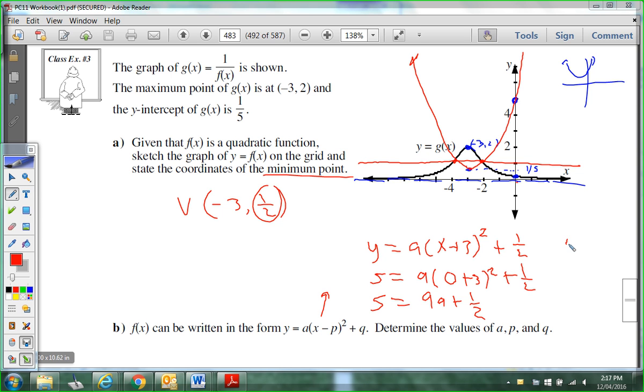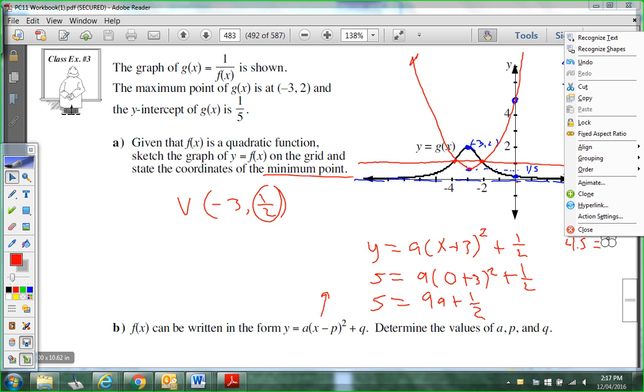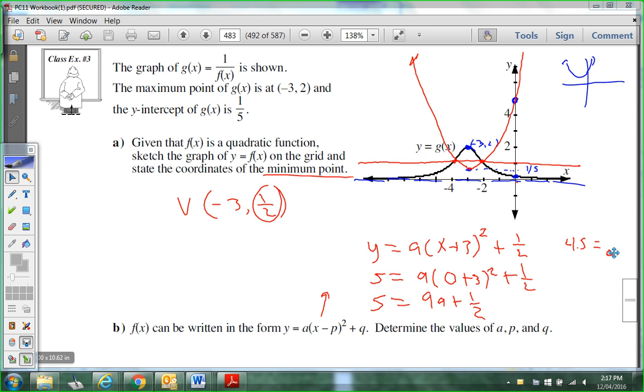So 5 minus 1/2 is 4.5, or you can write 9/2 if you want, equals 9a. My a's and 9 look too close, don't they? 9a, and we're going to divide by 9, and 4.5 over 9 is a nice even 1/2. So a is 1/2, so we are done.